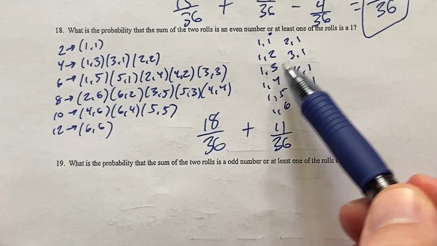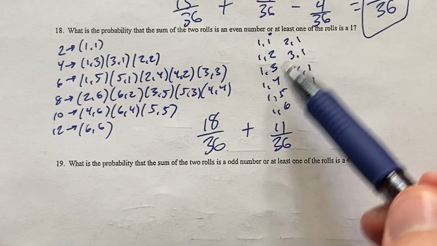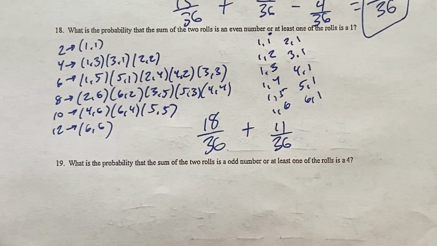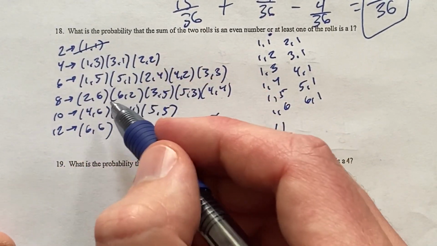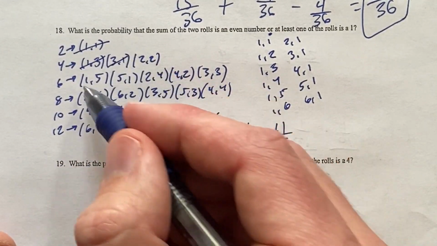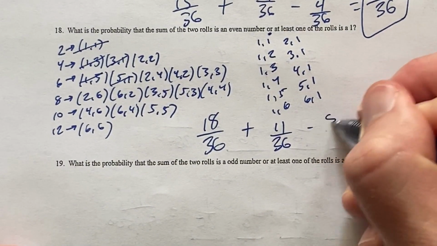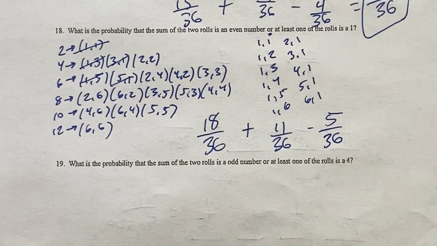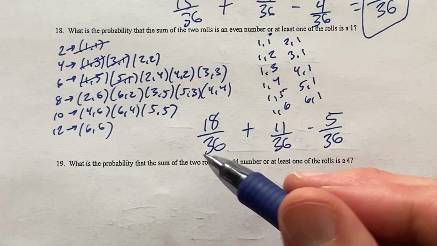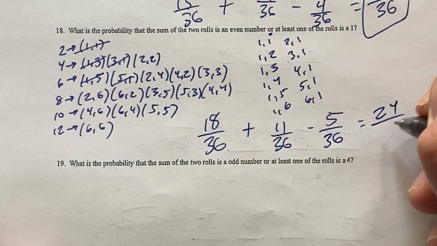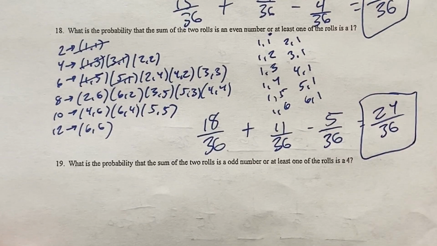Is there anything over here that shows up over here? Well, all these have 1s in them. Anything over here with a 1, we're going to subtract. 1, 2, 3, 4, 5. Looks like it, 5 out of 36. That would be 24 out of 36, which would reduce to 2/3. But we're going to leave it like that.